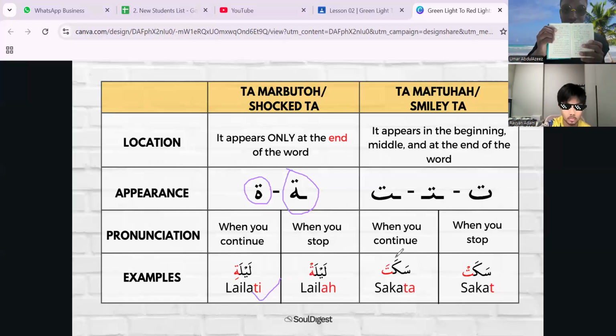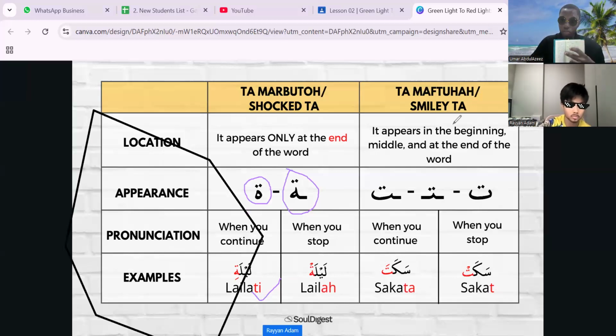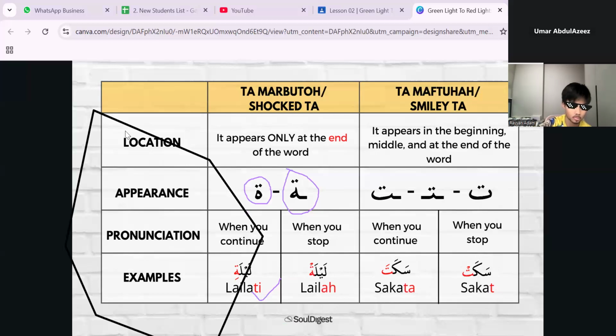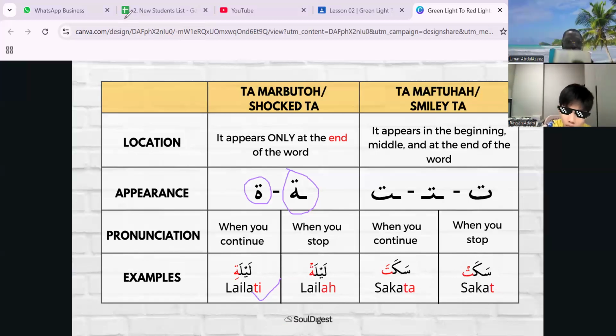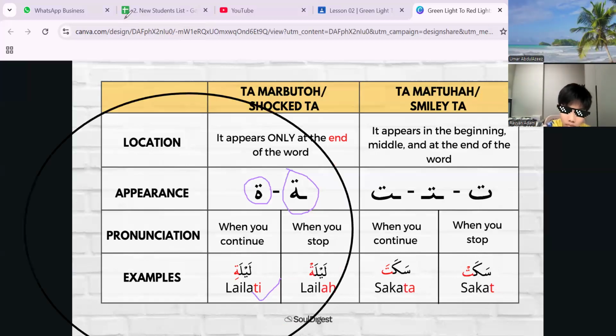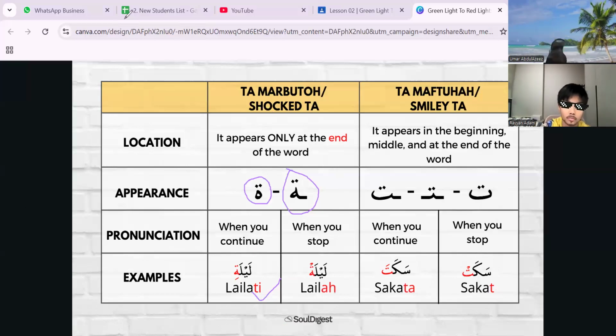Oh, it is not obvious, right? Wait, I'm coming. Oh, it's actually not visible.